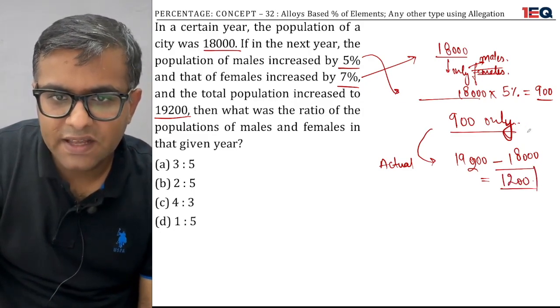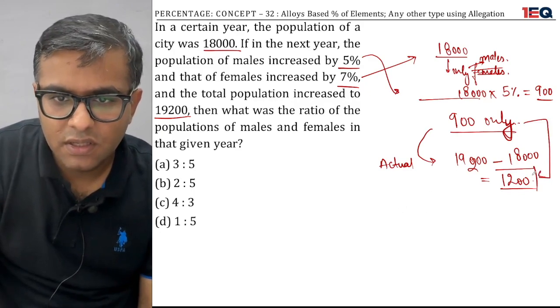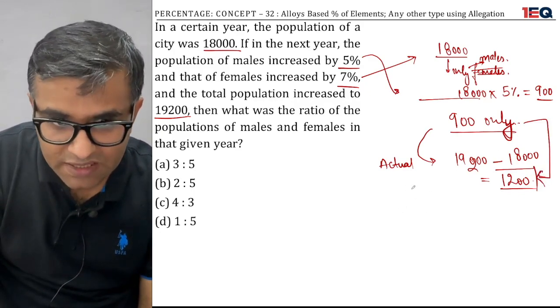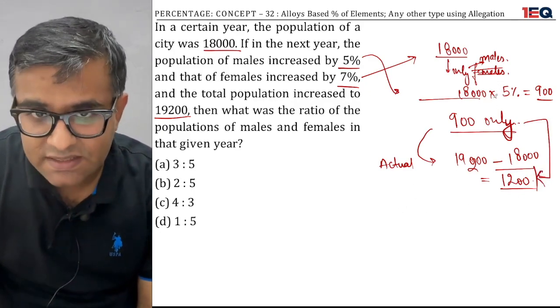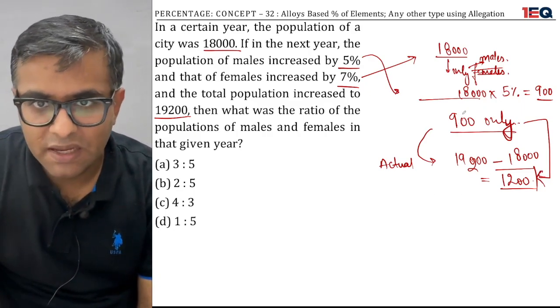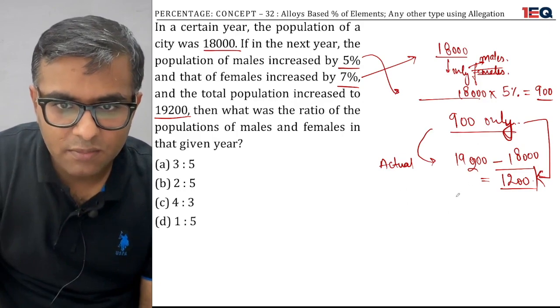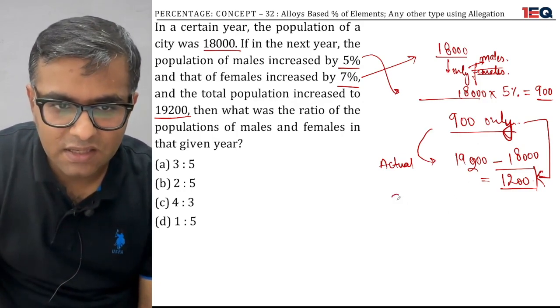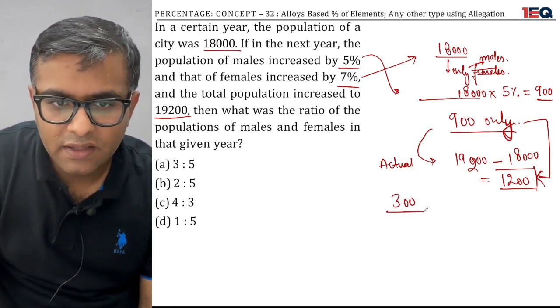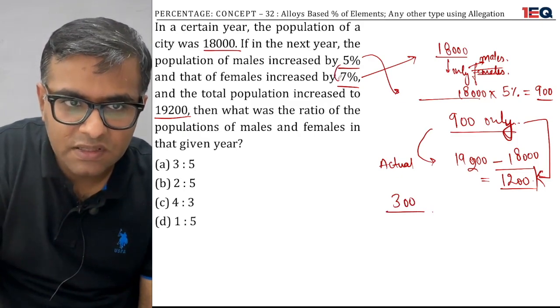So there is a gap between 900 and 1200, and the gap was merely created by the fallacy which we followed, that only males are increasing. So 1200 minus 900 gives us 300, and the reason behind it is the difference of the percentages.